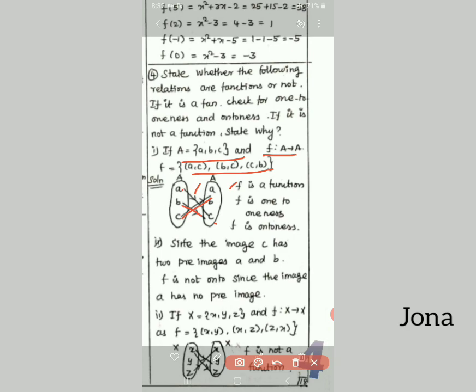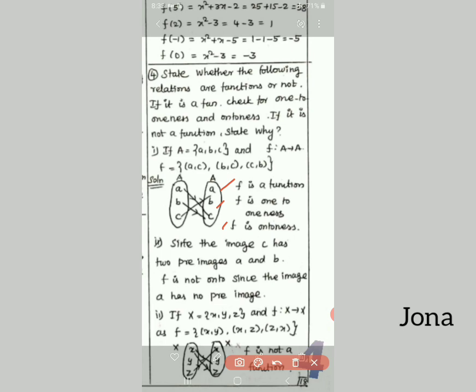Therefore, we can say f is a function, and f is 1 to 1. Each element has the image, so I can say this is a function and it is a 1 to 1 function. Then we want to check the ontoness here. Look at the set B. In that set A, we have a, b, c.